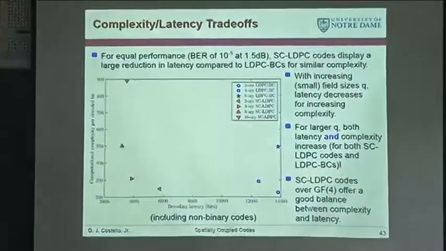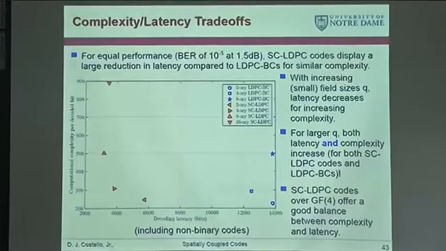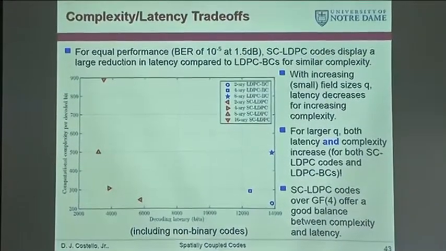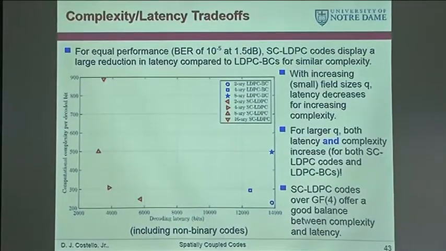You've got complexity, latency, performance, field size, window size, and lifting factors. But it looks like if you're willing to tolerate some additional complexity, you are able to gain a little bit in latency if you code over GF4.